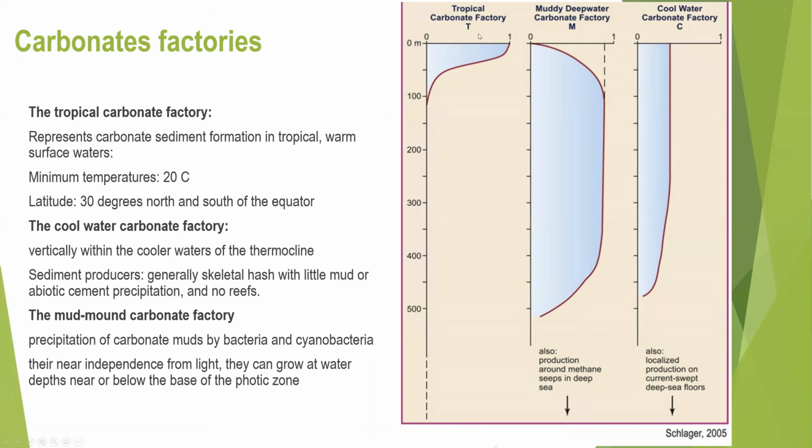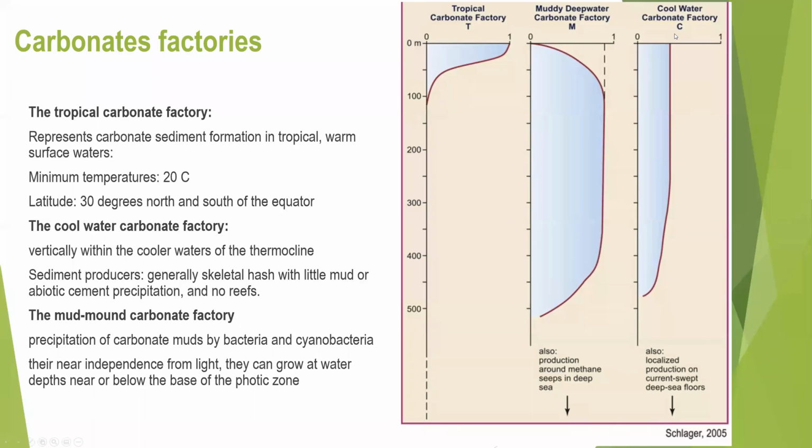But most of the carbonate precipitation are located here, but we have some type of mud in the deep marine system, because they are independent from the photic zone, they are independent from the light.